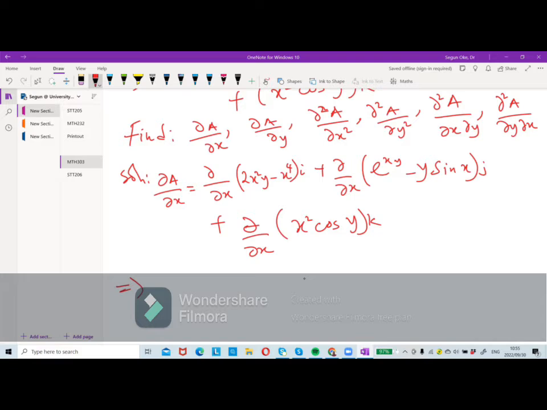Now, but let me quickly say this. If you are asked to differentiate exponential xy, you must be smart in this case. All you need to do is just to do like this: d dx of xy.